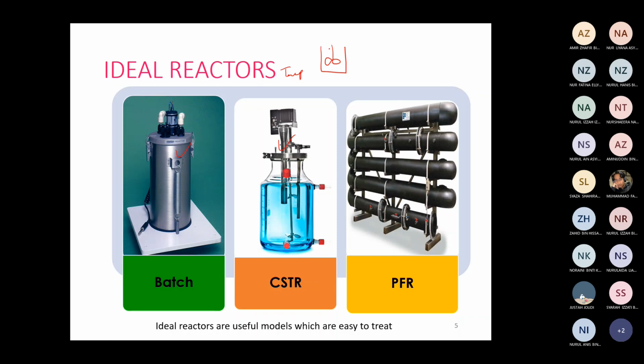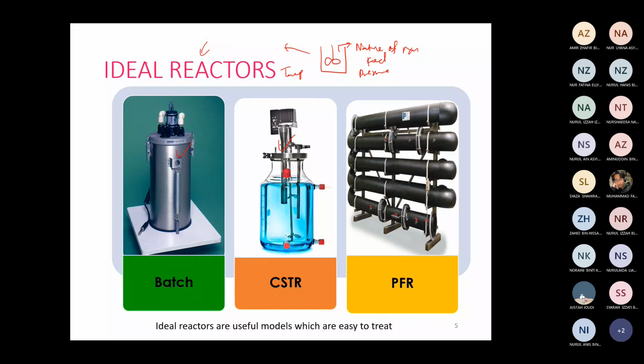It also depends on the nature of the feed, the nature of the reaction, and also the pressure inside and so on. So we cannot measure all these parameters at one time.